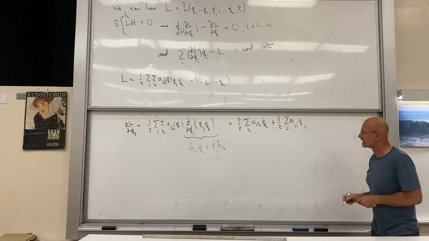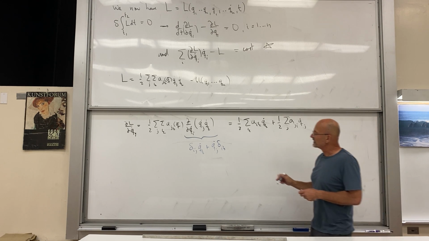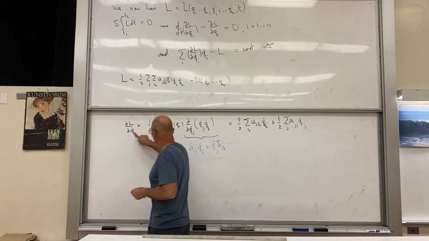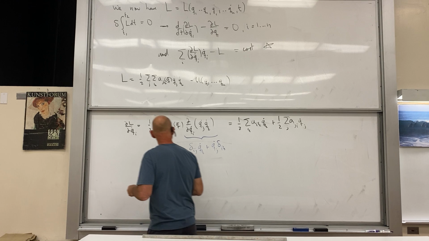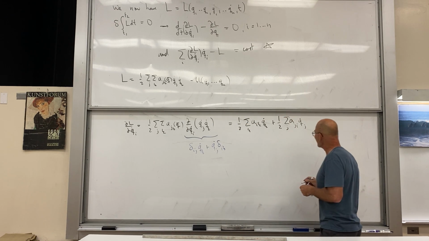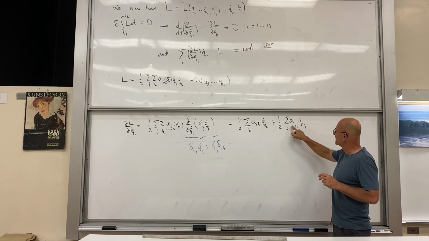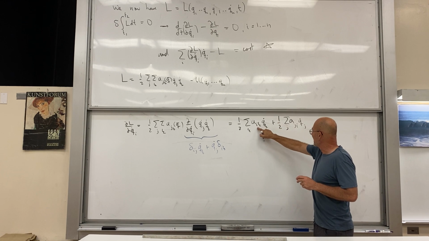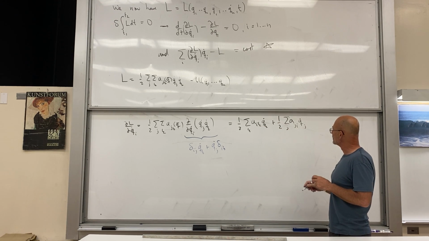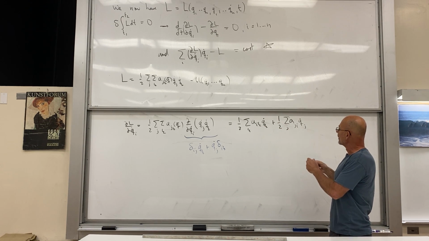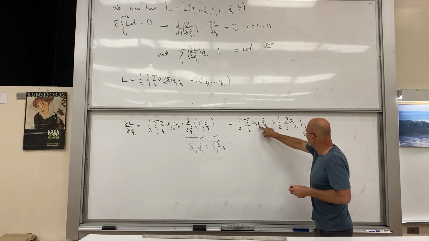Okay. So that's what this differentiation with respect to q_i does. And now we're making use of the fact that a_ik and a_ji are equal, or symmetric. These are symmetric matrices.